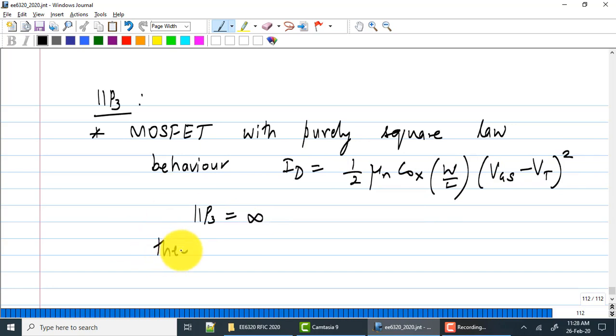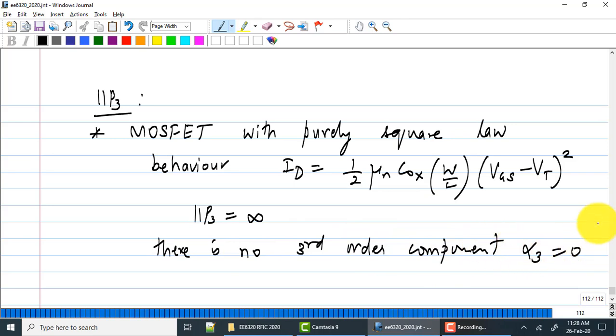Remember, the AIP3 was root of 4 by 3 into mod of alpha 1 by alpha 3. If alpha 3 is 0, IIP3 is infinity.